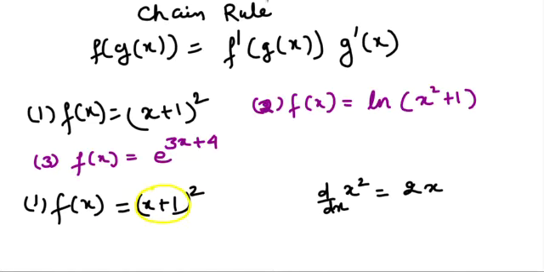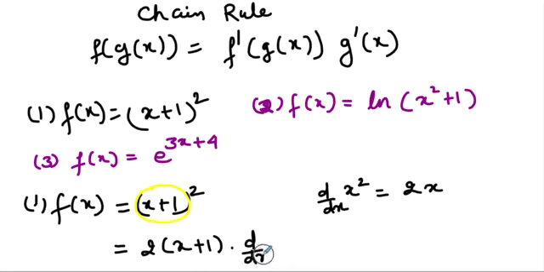So when I find the derivative of this function, I'm going to use the power rule. So 2 times x plus 1. Then again, I didn't have the normal function x square, but I had x plus 1 whole square, so instead of x, the function is replaced by x plus 1.